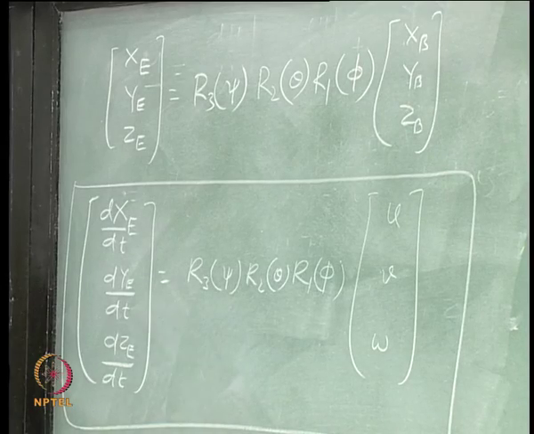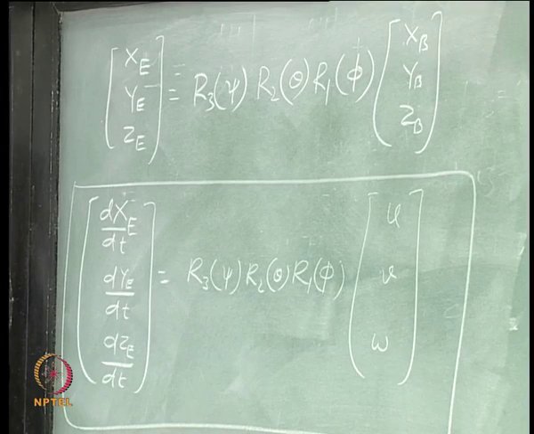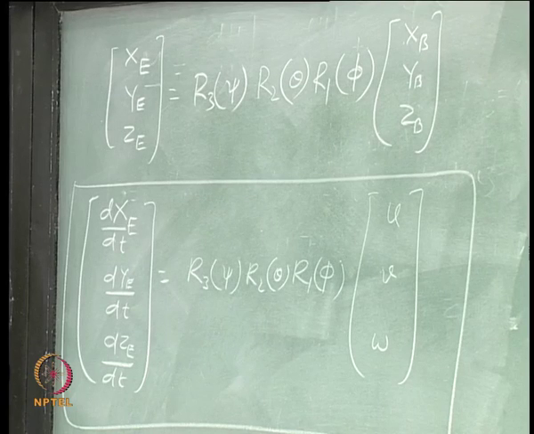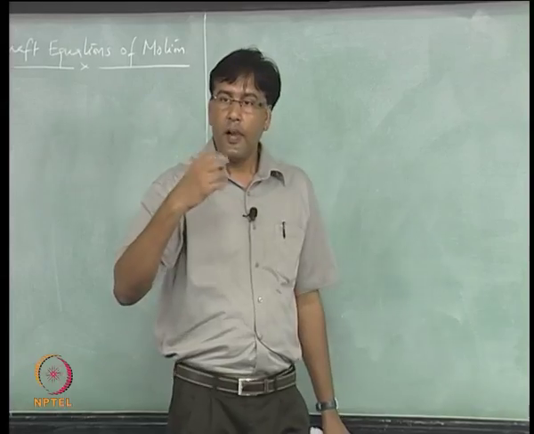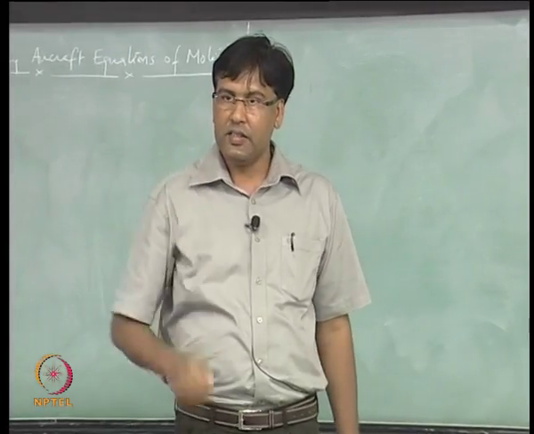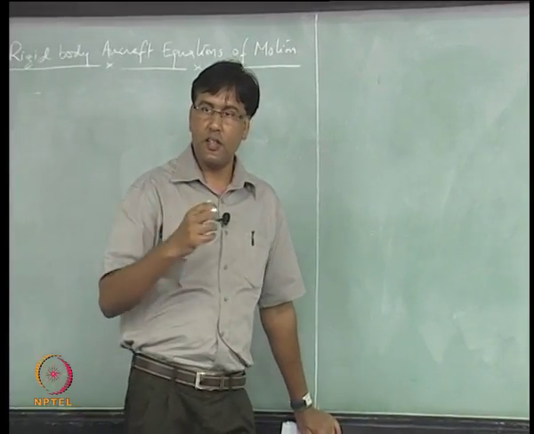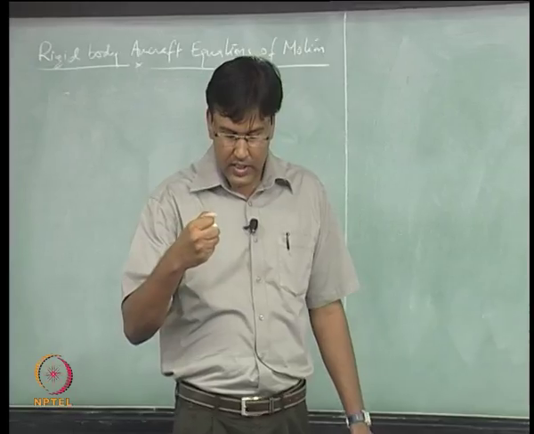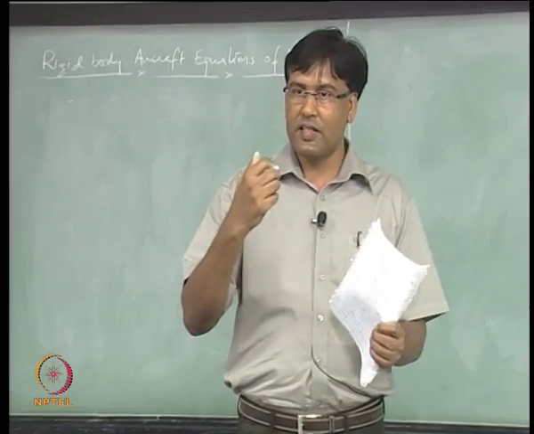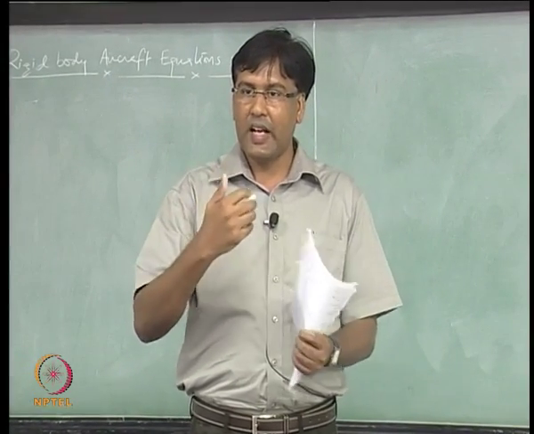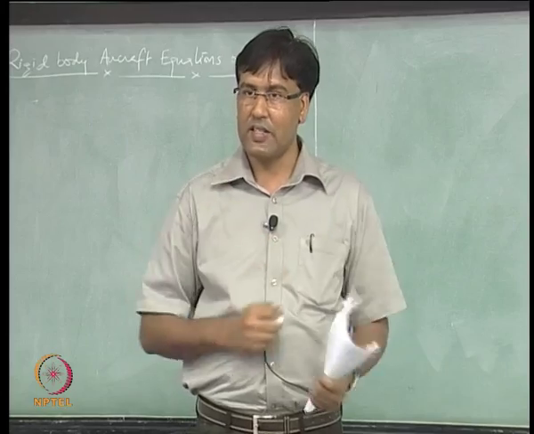Okay. So, I can quickly also give you an expression for the attitude dynamics. So, let us say we have a vector of angles. Okay. So, there is a small change in all the angles of the aircraft about the earth fixed axis, right.